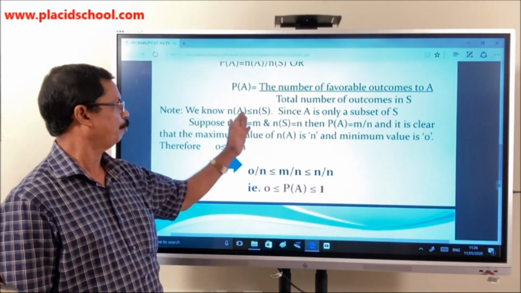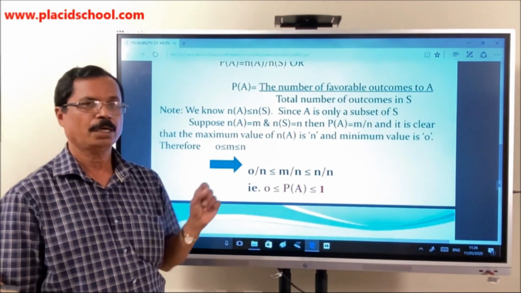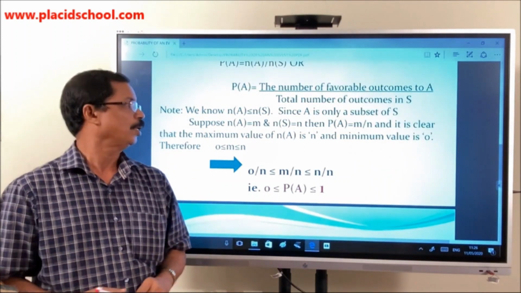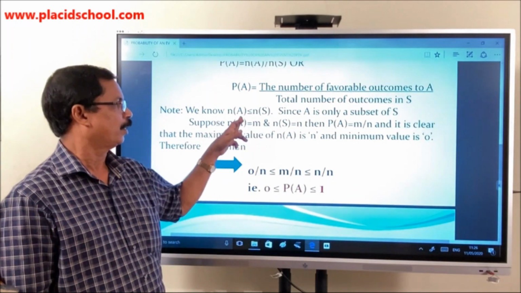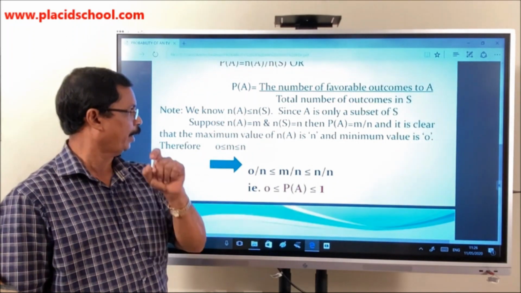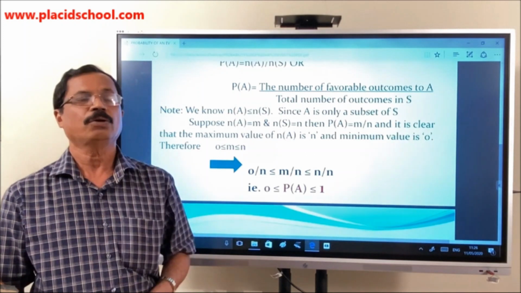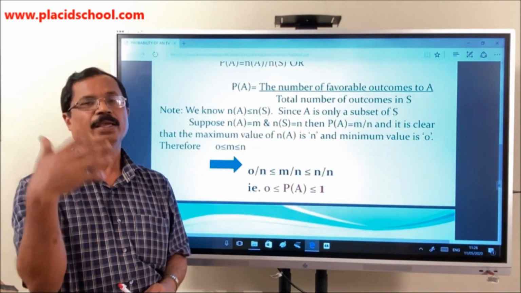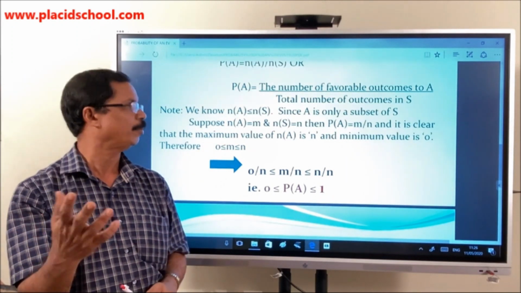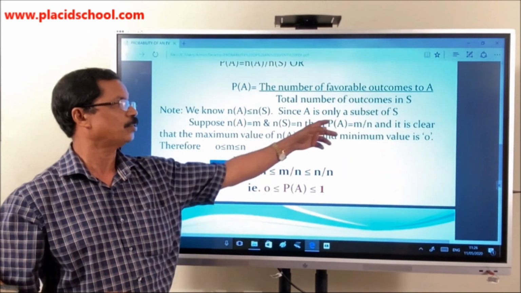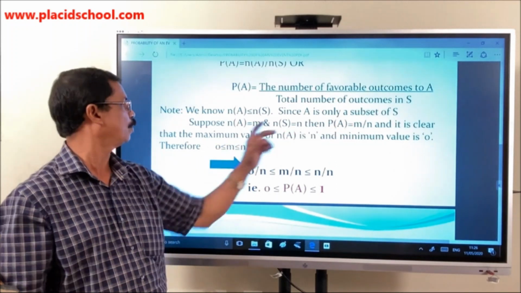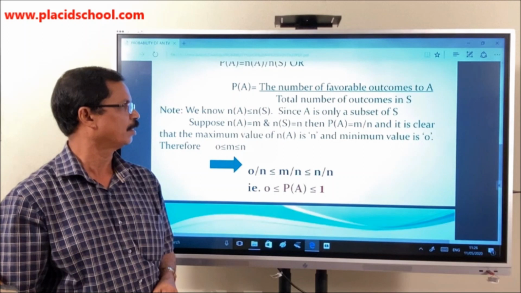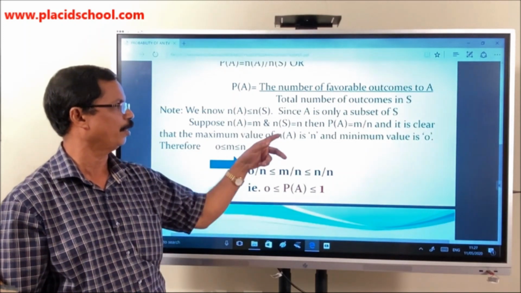Now another important thing is this one. We know that A is always a subset of S. And we know N of A, that is number of elements in A, must always be less than or equal to N of S. That means the number of elements of A cannot exceed number of elements in S, since A is only a subset of S. So suppose N of A is M and N of S is N, then how will you define P of A?